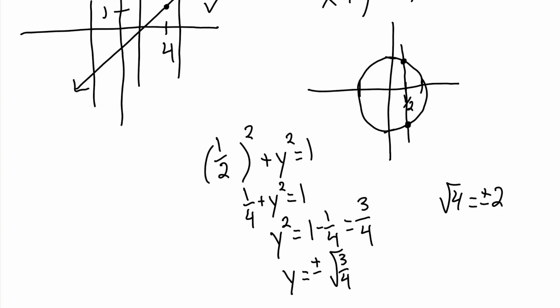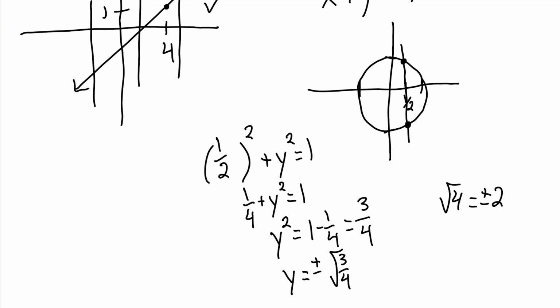So if we're solving in the context of an equation, we typically only look at the positive one, but if we're doing this in the context of an equation where we need to consider every value, then we have to consider the positive and the negative part. So here, the y is equal to the positive square root of 3/4 and the negative square root of 3/4. So 2 different values. So this one x value at 1/2 gives us 2 different y values. So this means that this is not a function.